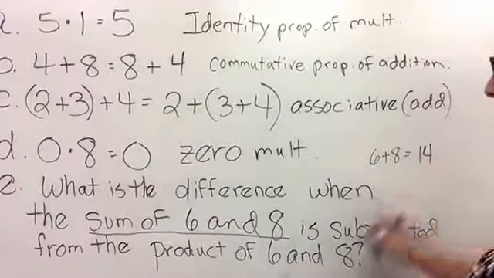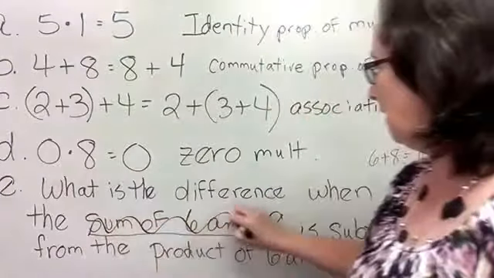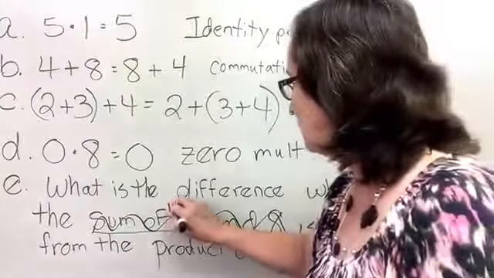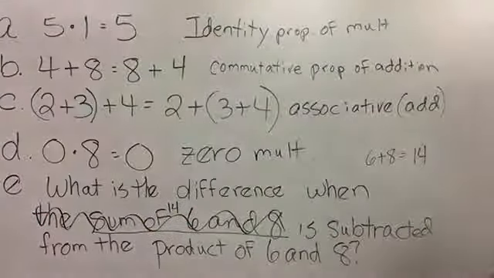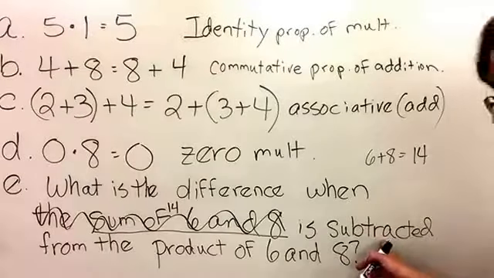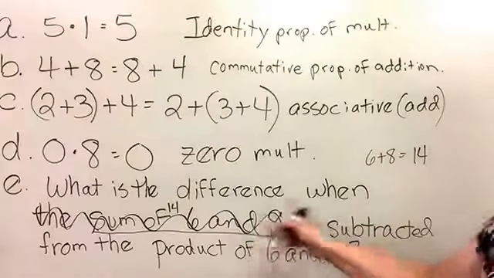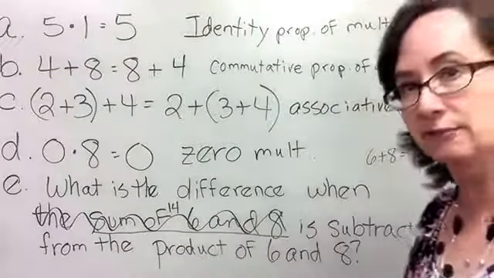Okay, so we can take this sum of 6 and 8 and we can take that out and we can say 14. All right, so then we're going to subtract the 14 from the product of 6 and 8.